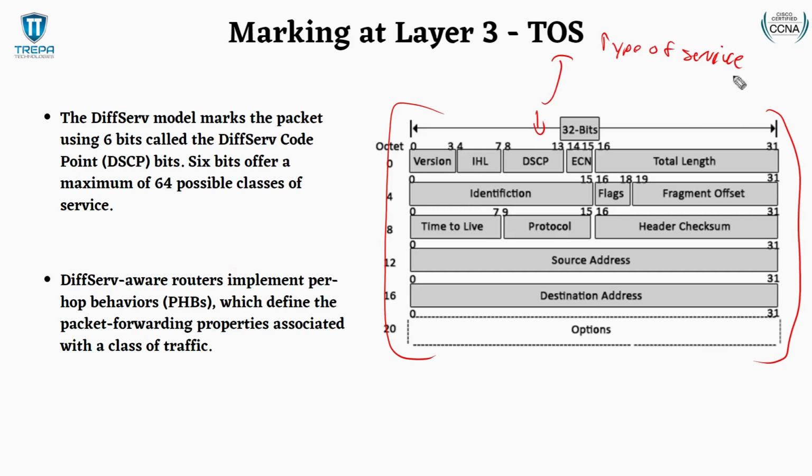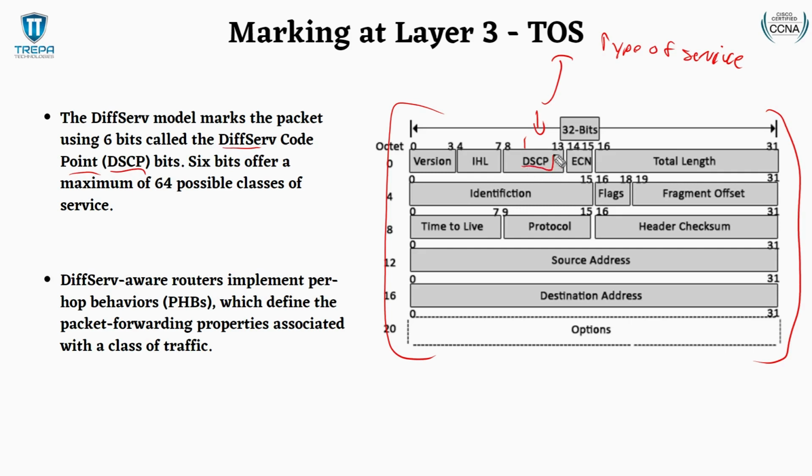This type of service byte is going to have 8 bits. 6 bits are going to be used for what we call the DSCP bits. That is going to be the Diff Serv Code Point. So this is how we mark in a differentiated services model using QoS. We have this 8-bit field or 1 byte field.